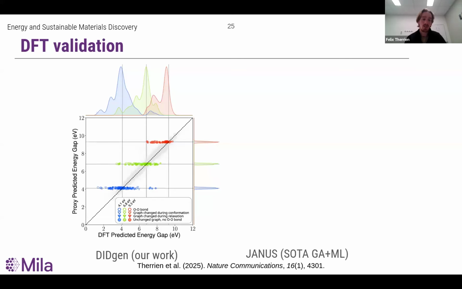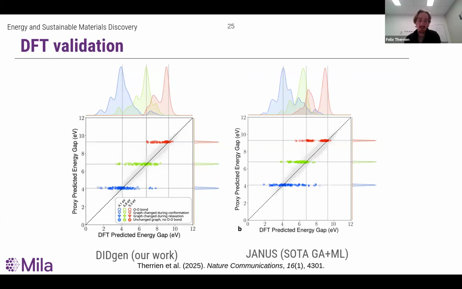We compared that to other models that did similar things but used more training, and they get similar generation quality, and you can see that the distributions are similar for these state-of-the-art models. But we did this really only using a predictive model.